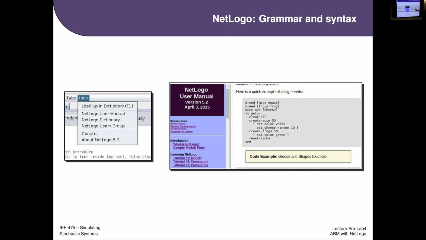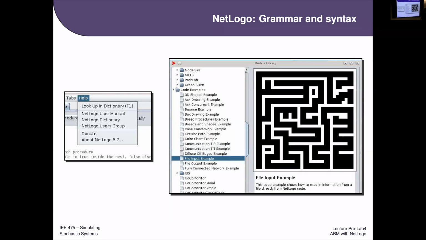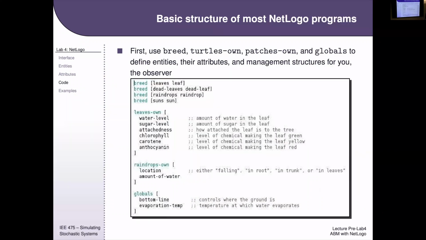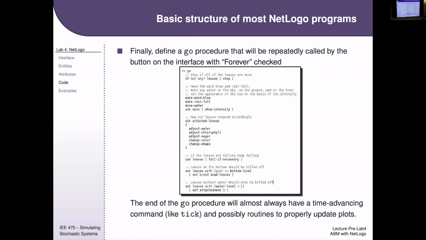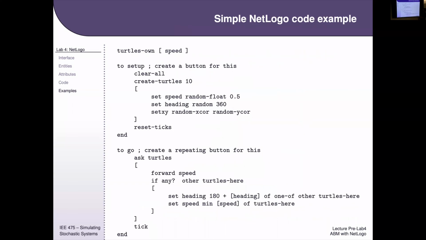So nice little code examples built right into the NetLogo user manual. A lot of really cool stuff there. As I mentioned, there are code examples in the models library, and so on and so forth. You'll get more experience with this working in lab, and I'm just showing you a flavor of the sort of stuff you're going to see inside the lab.